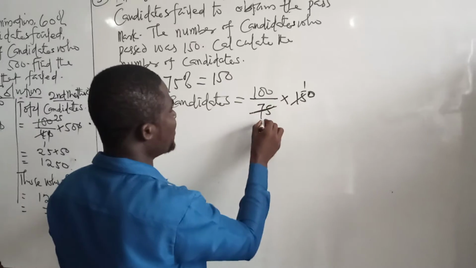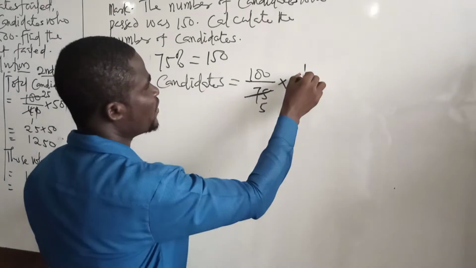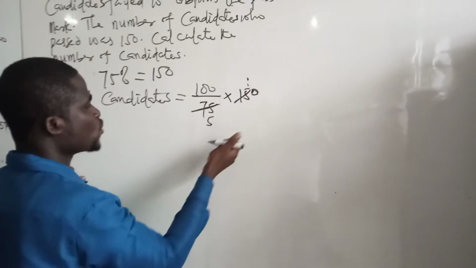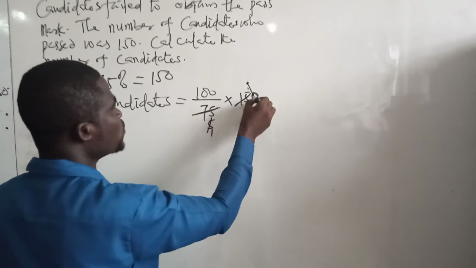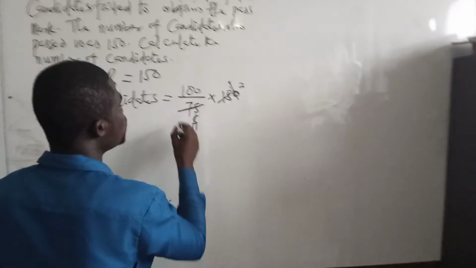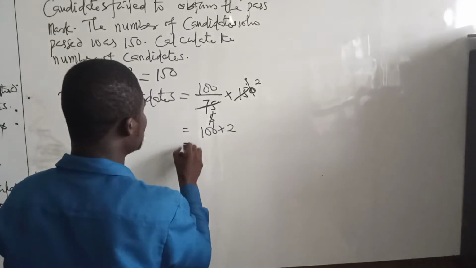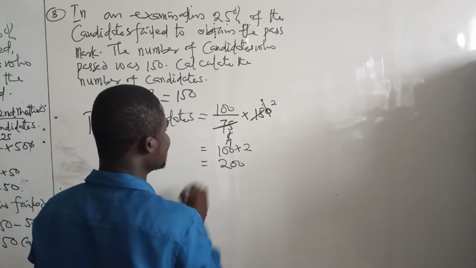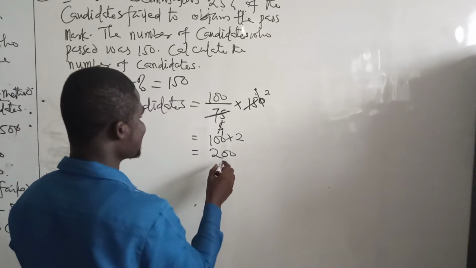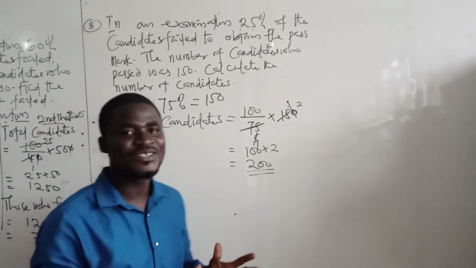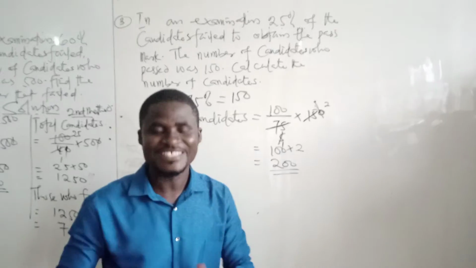So 15 goes here, 5. 15 goes to itself 1. We have 10 here. So 5 goes here, 1. 5 goes to 10, 2. So you're going to have 100 times 2. You're going to get 200 candidates. So it means that 200 candidates wrote the examination.